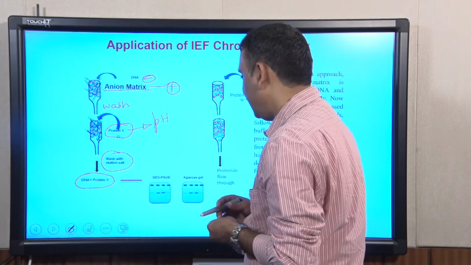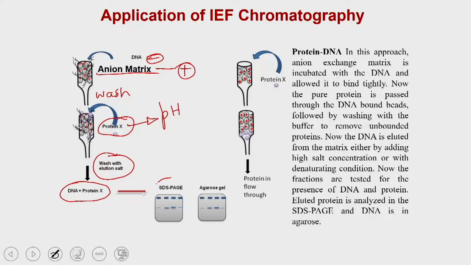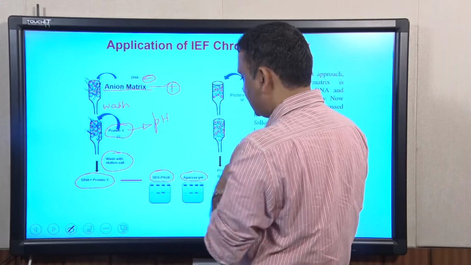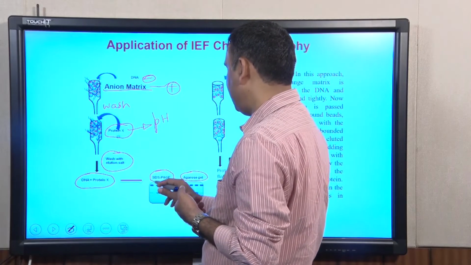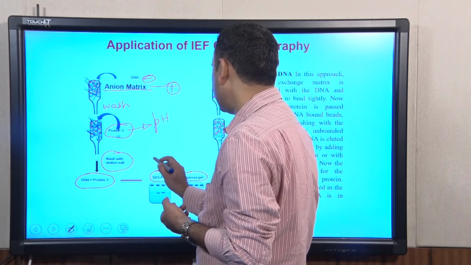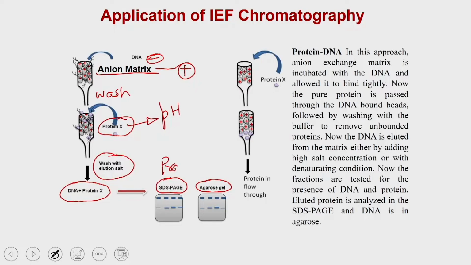Once you analyze these, the protein can be analyzed on the SDS-PAGE, whereas the DNA can be analyzed on the agarose gel. Once you elute the complexes from these beads, you are going to get different fractions, and all these different fractions can be analyzed on the SDS-PAGE as well as on the agarose gel.